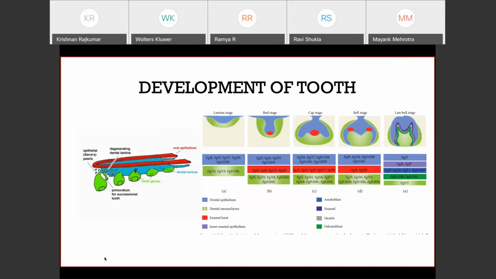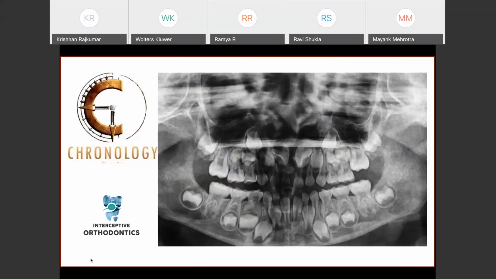If you're not in a position to identify that this is an intrinsic discoloration, you will not be able to successfully treat that particular tooth. For that, a sound knowledge about the development of the tooth is important.